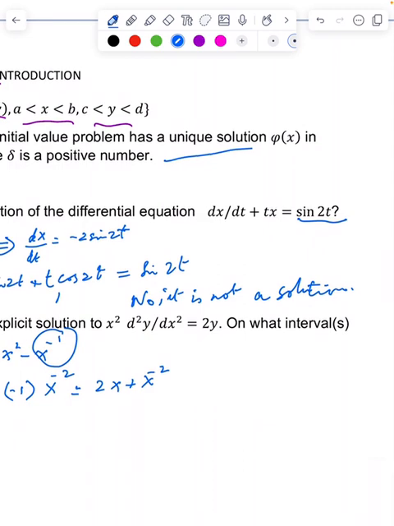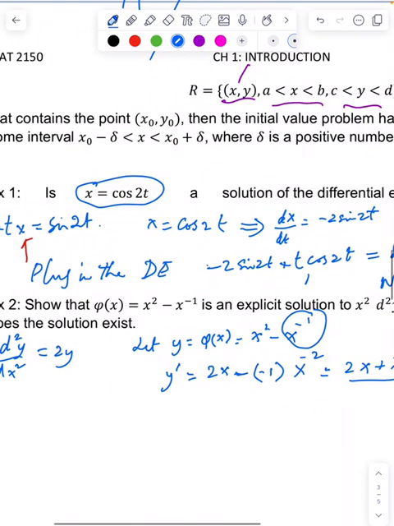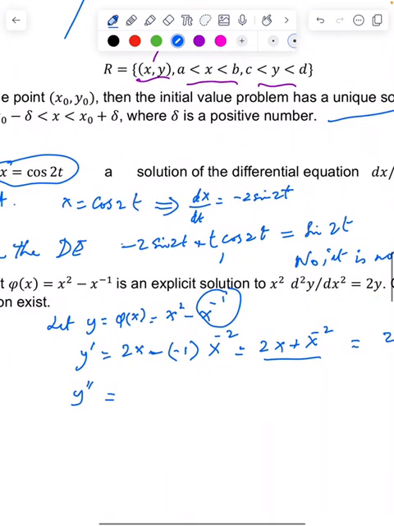Now I write it this way because it's easier to do the derivative when it is in this form. But I will simplify for the final answer, plus 1 over x squared. Okay, now we do the second derivative. So y double prime is equal to, remember, I am going to look at this and differentiate it.